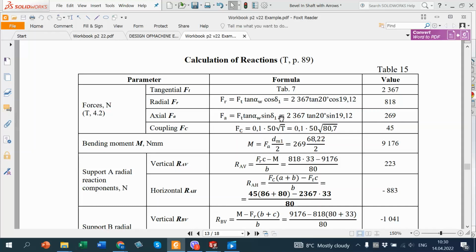Fa the same. Here cosine, here sine. Fc coupling force 0.1 times 50. So we have value like this. This value is very small, usually approximately 25, 45 Newton. So very small. And the bending moment, which is created by force Fa, looks like here.